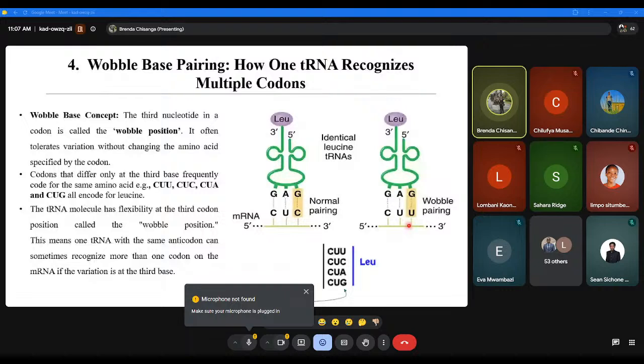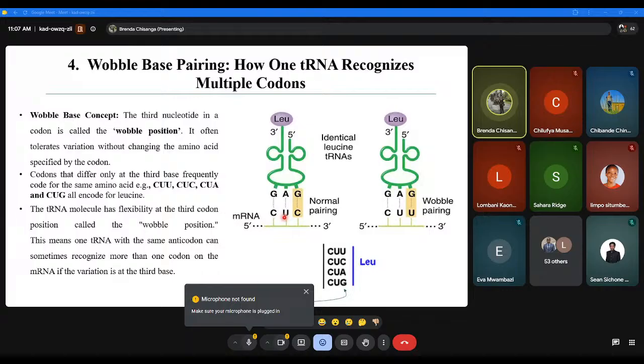In the other picture also, we can see this is our mRNA, and these are the codons. If you look at position 1 of this codon, we have a C. Again, when you look at position 1 of the other codon, again you have a C. So we can see that the first position is the same. We can do the same and compare the second position.